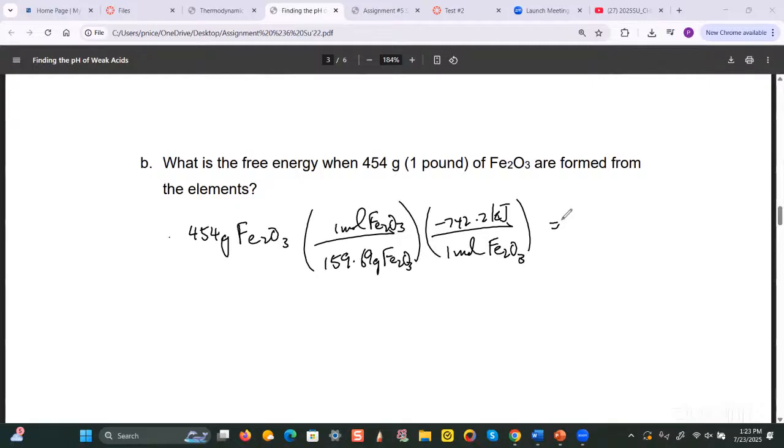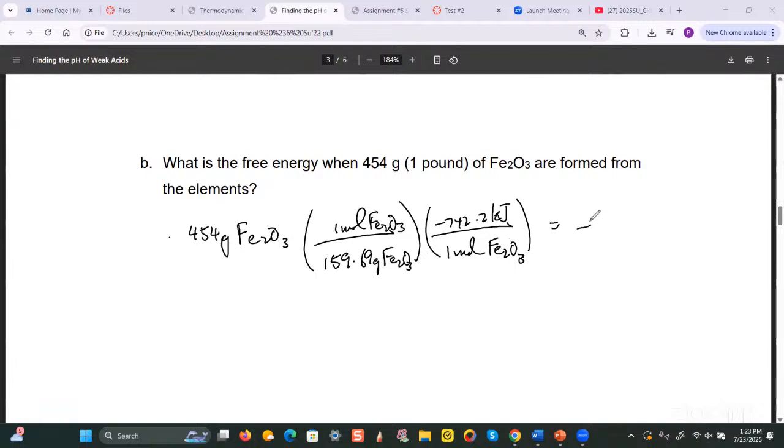So 454 divided by 159.69 times minus 742.2. According to my calculation, we have to round this off to 3 sig figs.